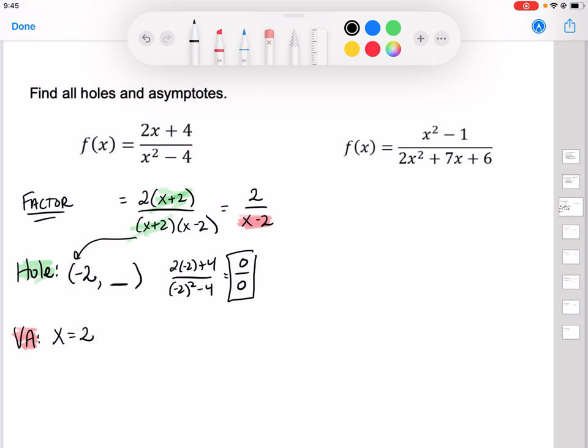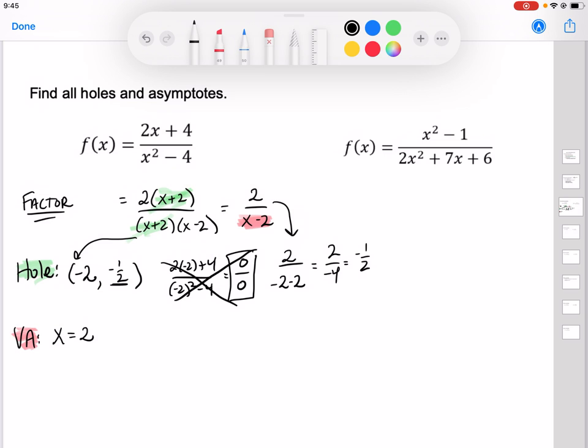But you never plug into the original. You plug it into the simplified version. Otherwise you're always going to get 0 over 0, because you're getting a common 0 on top and bottom. So 2 over negative 4 is negative 1/2. And that will be the y value of the hole.